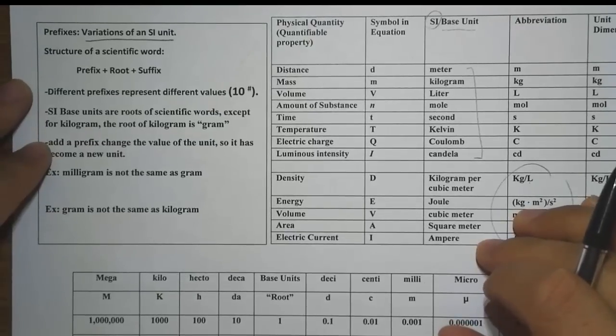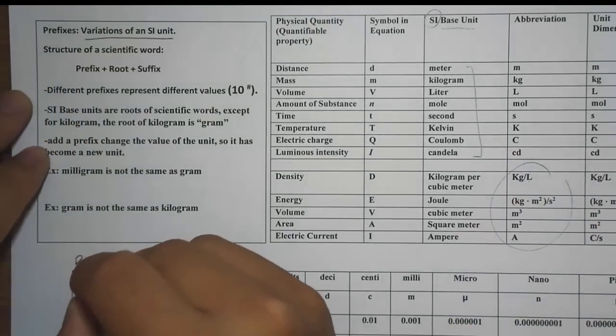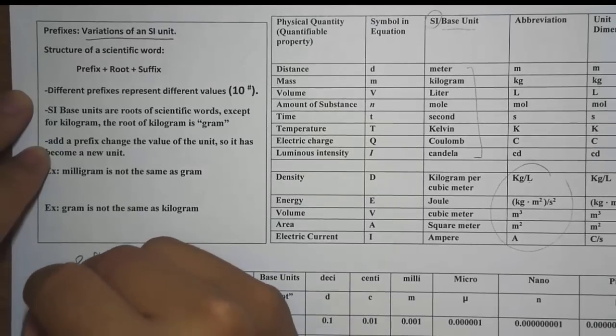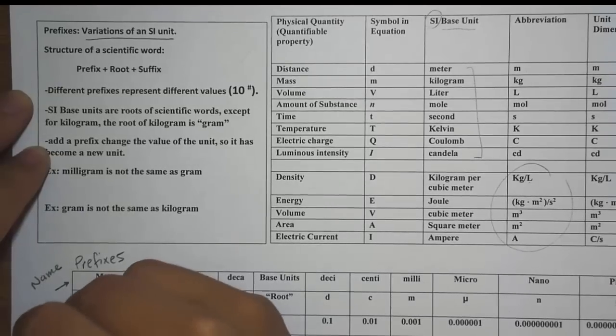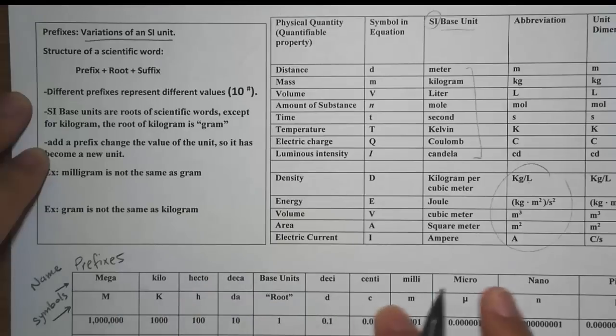So what are the prefixes that deal with SI? Here I have the prefixes right here, and this is the name of the prefixes. Below the name, we have the symbols of the prefixes, the abbreviations that represent each of the prefixes.